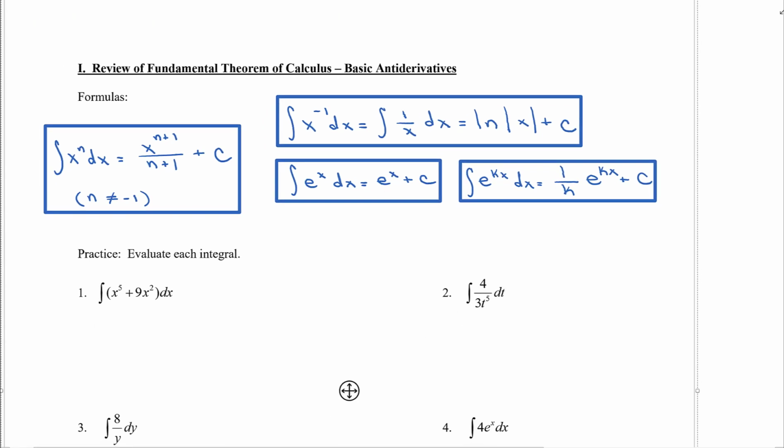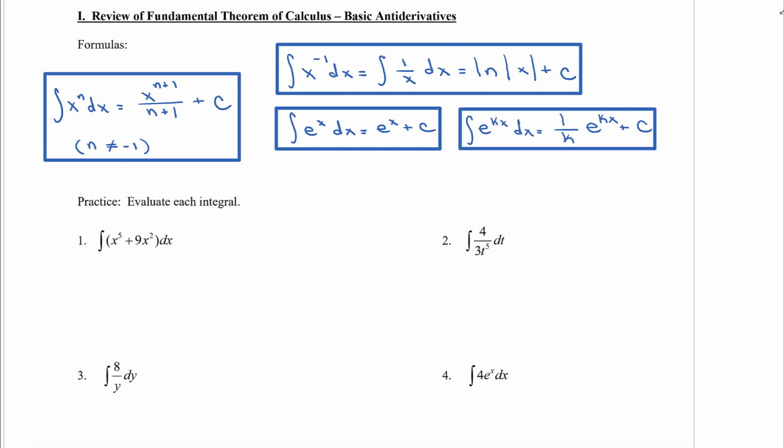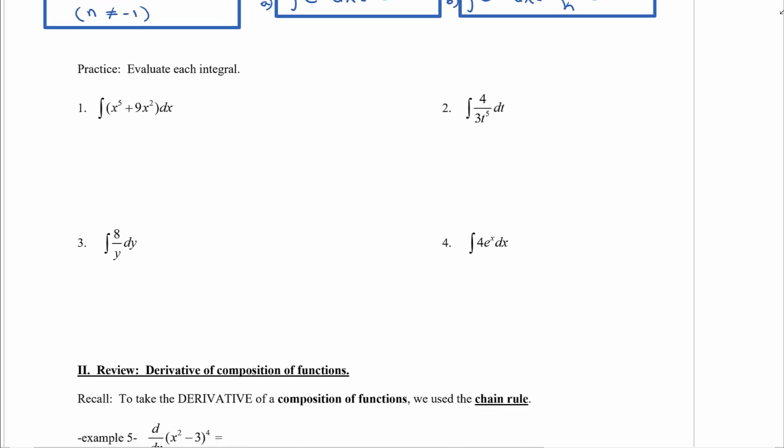So I'm going to label these formulas. I'm going to label the first one, the integral of x raised to the n dx, the power rule, number 1. The integral of x raised to the -1 power dx, that's number 2. And then the two ones that we had for our exponential functions, I'm going to label those as 3a and 3b.